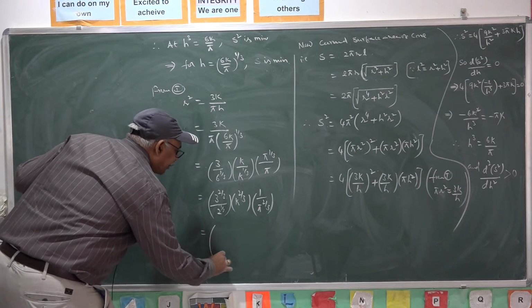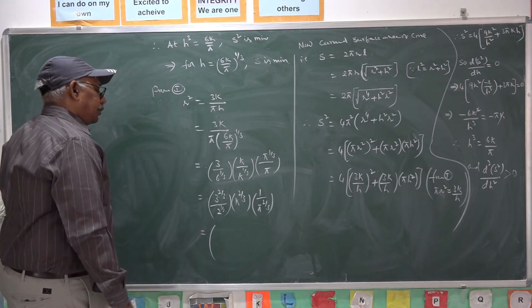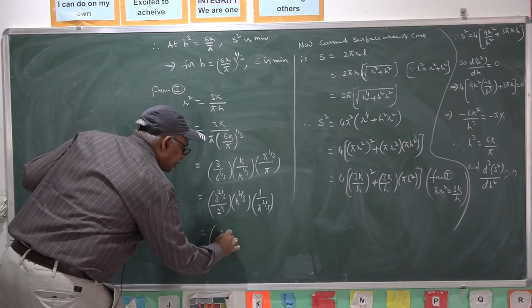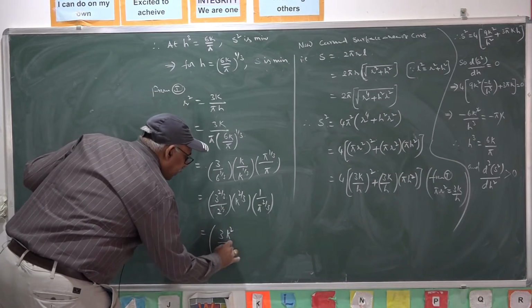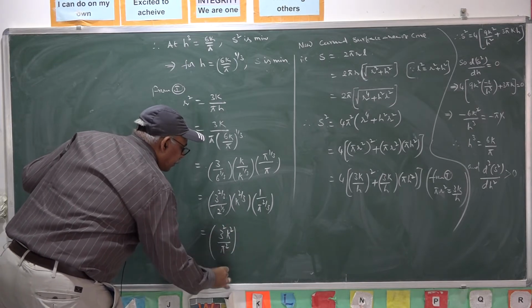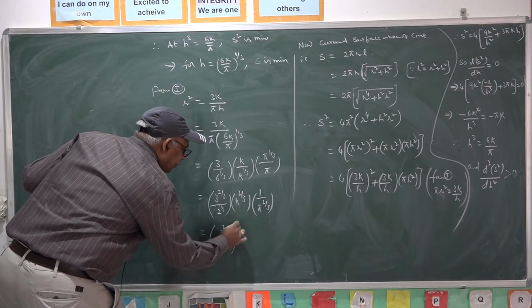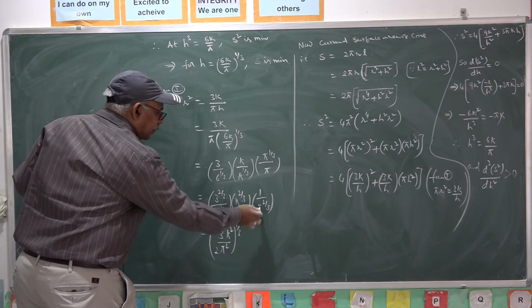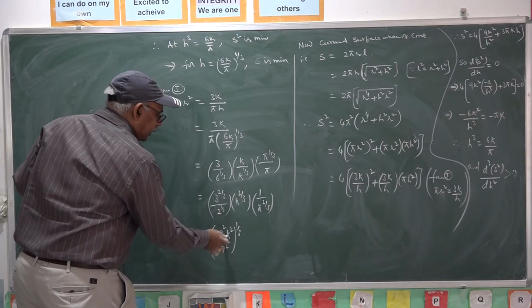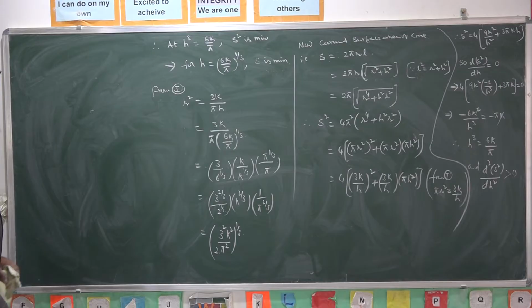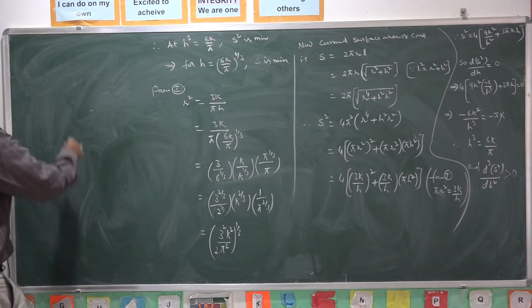That may be written as 3 square into k square by pi square, 3 square whole power 2 into 1 by 3, with 2 power 1 by 3 in the denominator, pi power 2 by 3 in the denominator, 3 power 2 by 3, k power 2 by 3. That is r square.